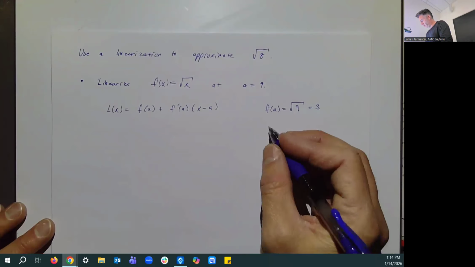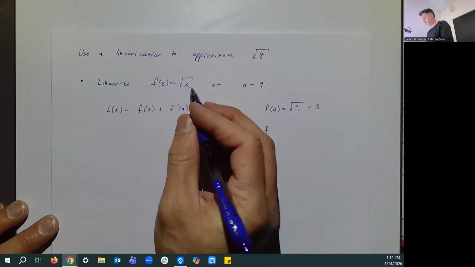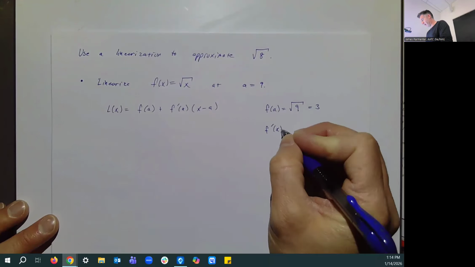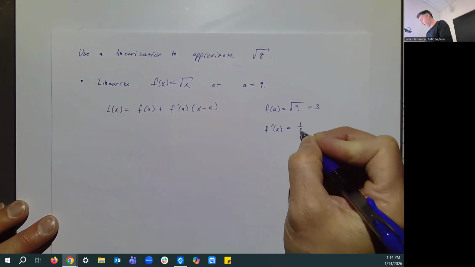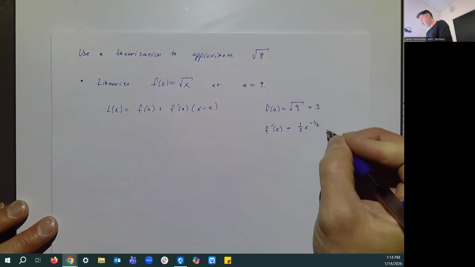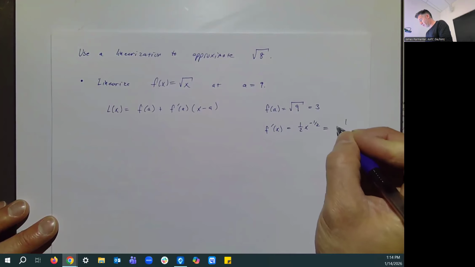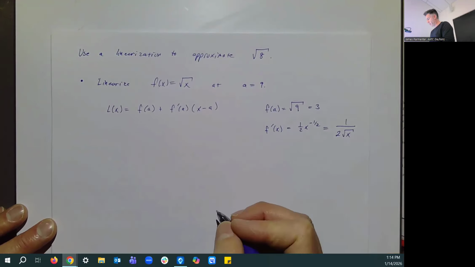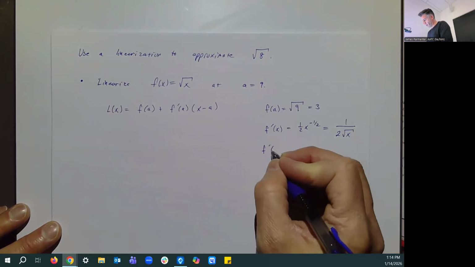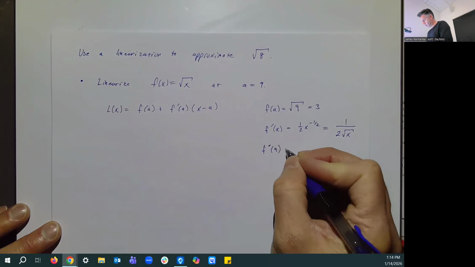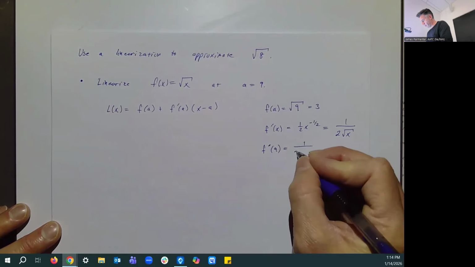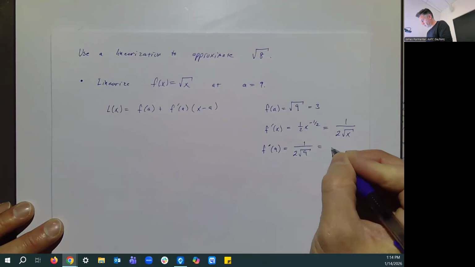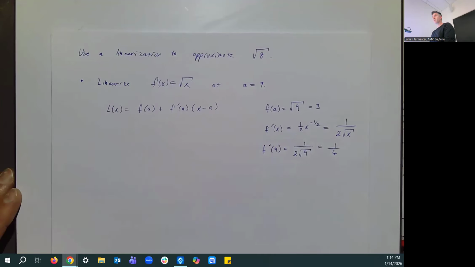And then our function is the square root of x. Our derivative of x to the 1/2 is 1/2 x to the negative 1/2, or I would prefer to write it as 1 over 2 times the square root of x. Whatever you like, though. So then f prime of our point 9 is going to be 1 over 2 times the square root of 9, which is 1 over 6.